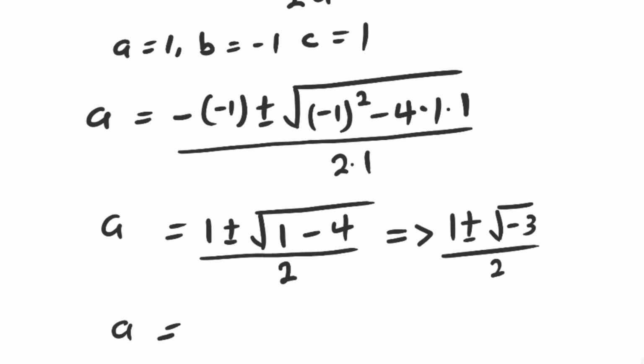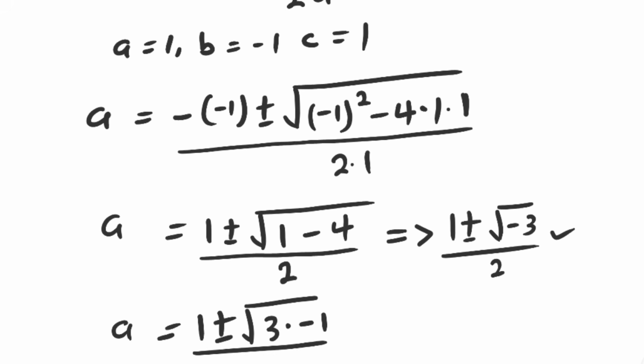A is equal to, this can be written as 1 plus or minus square root of minus 3, which is 3 multiplied by minus 1, then over 2. But square root of minus 1 is equal to I.